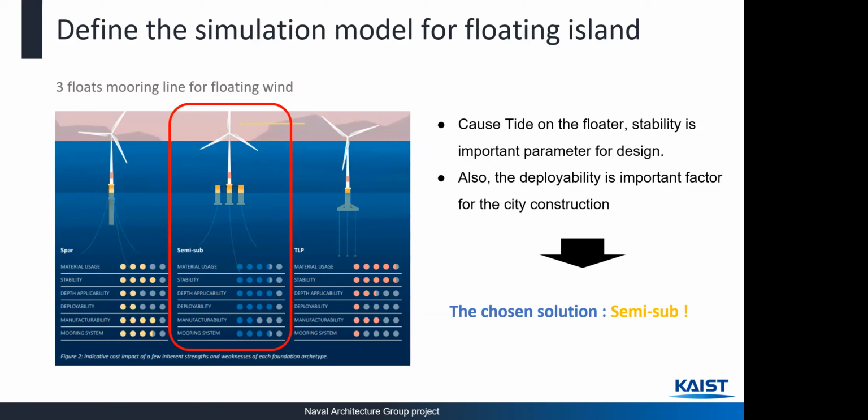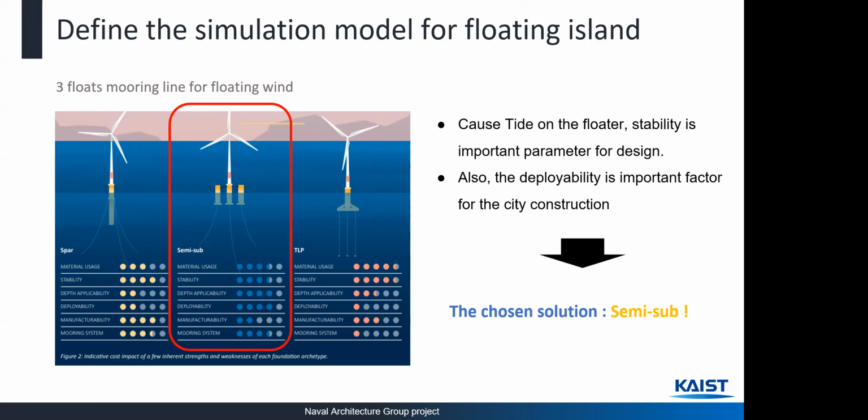There are three types of mooring line for the floating wind, and some properties like stability and deployability for our larger floating island. On the floater, there are many types applied on floating islands, so we need to think about stability.